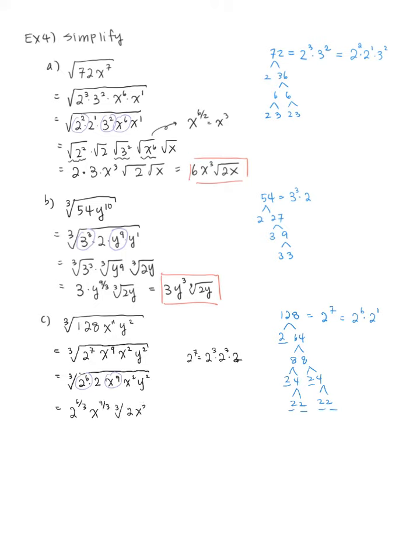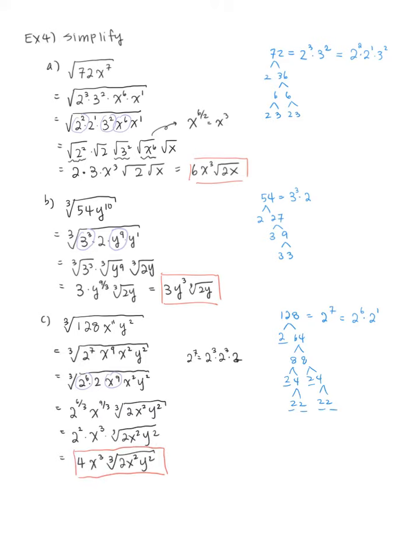So I'm just going to leave it the way it is. All right, so this looks like it's going to get 2 squared times x to the third times cube root of 2x squared y squared. So it looks like we're going to have 4x to the third times the cube root of 2x squared y squared.